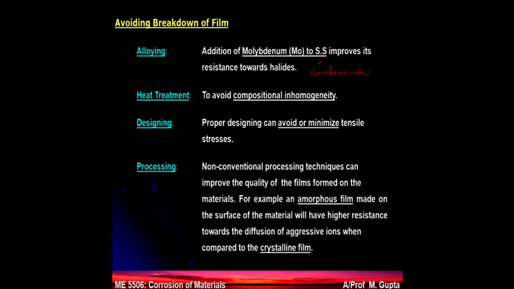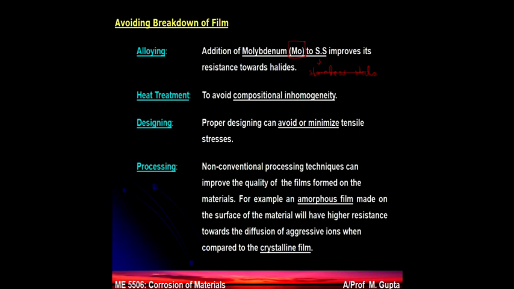There are special steels which come with the element molybdenum, abbreviated as Mo, and this element addition increases the quality of the oxide layer on the surface of the metal. Now, how it improves the quality or increases the resistance of the steel, that is very deep science.